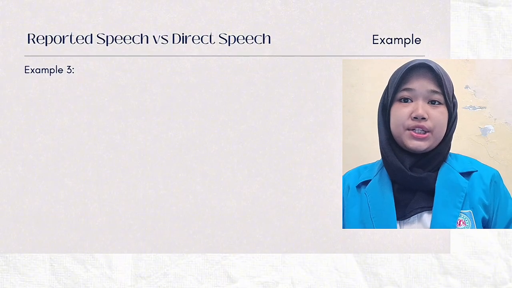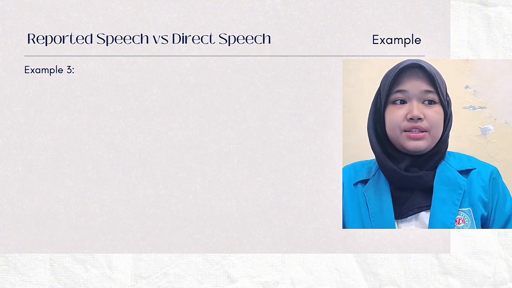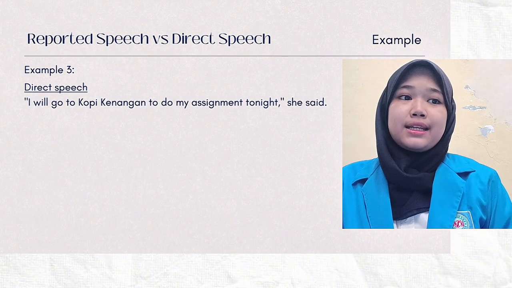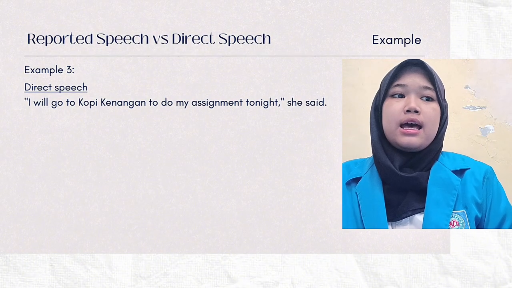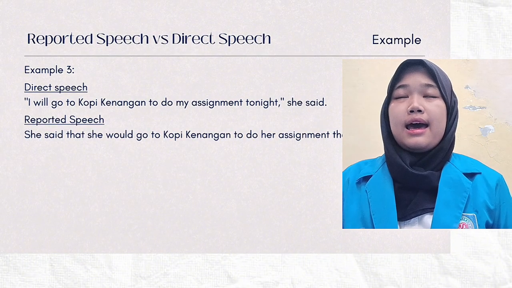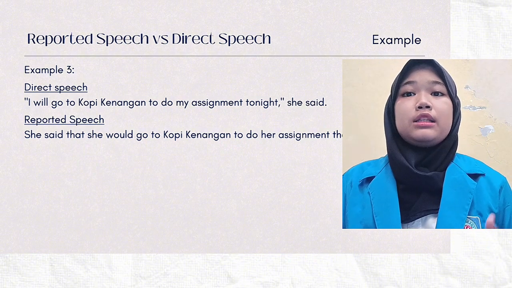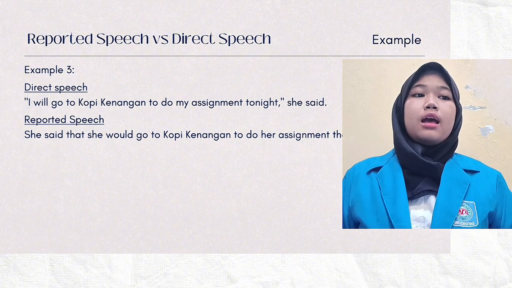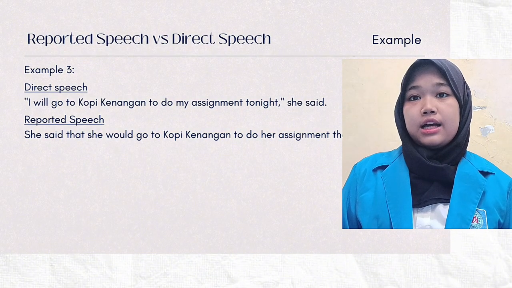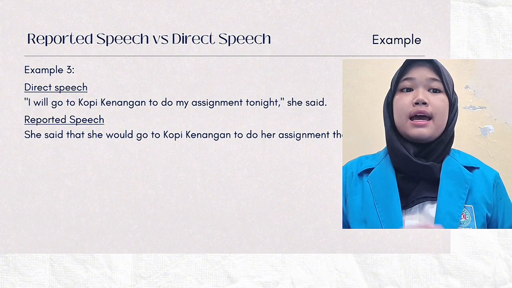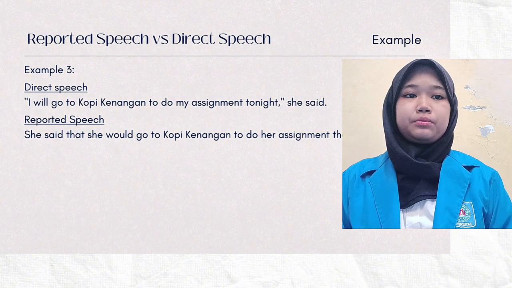Example number 3, direct speech: I will go to Kopi Kenangan to do my assignment tonight, she said. And in reported speech, we say, she said that she would go to Kopi Kenangan to do her assignment that night.